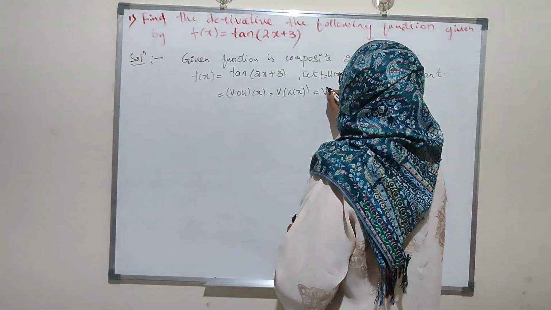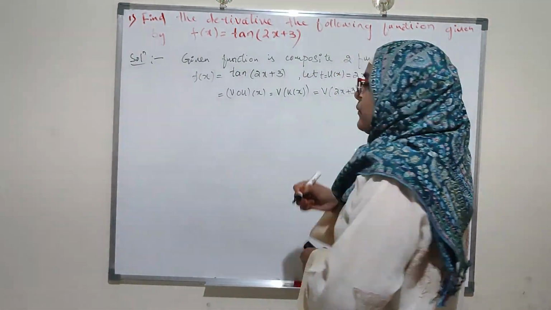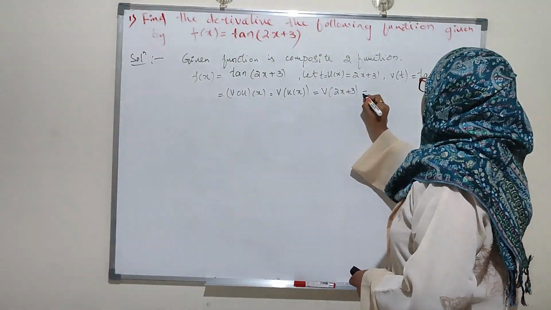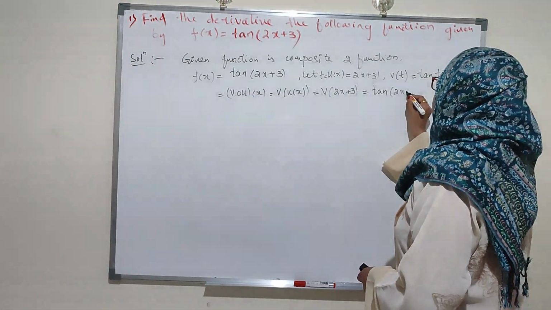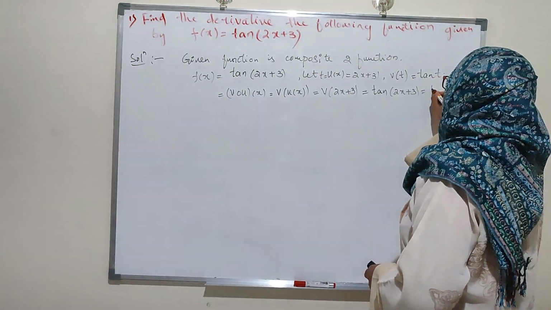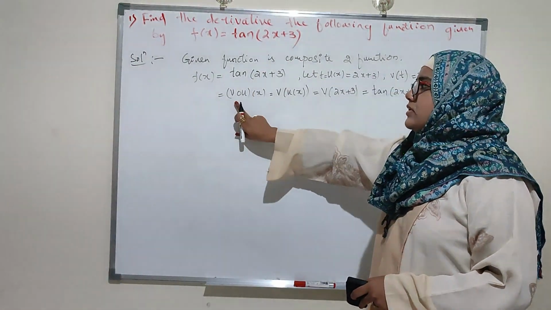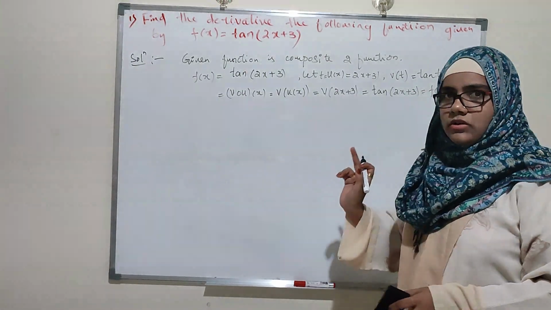So that's why we write u of x as 2x plus 3. So we are taking v as tan of t. T we are taking as 2x plus 3, which is nothing but the given function f of x. That means if we take f of x as the composition of two functions, then if we solve, we will get the given function.